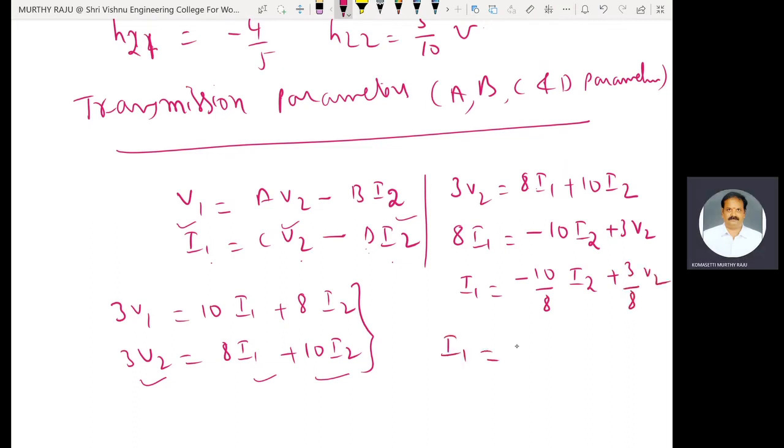Therefore, I1 is equal to 3 by 8 V2 minus 10 by 8 I2. We get this form.